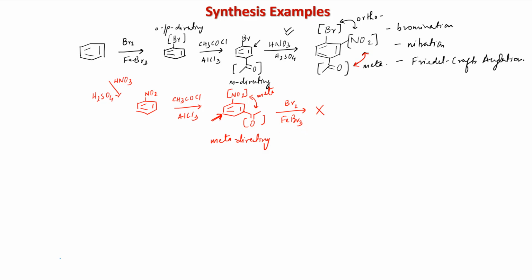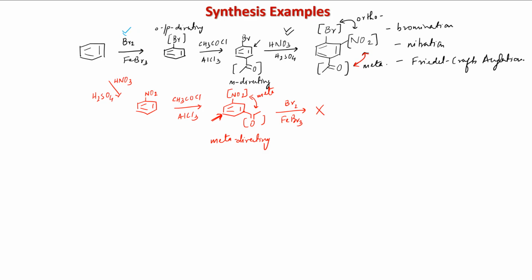Now, if we tried a similar synthesis where we do the acylation first and the nitration later, even that's not going to work here, because we will run into a similar issue. So it looks like in this particular case, the best synthesis is the first synthesis that we came up with.